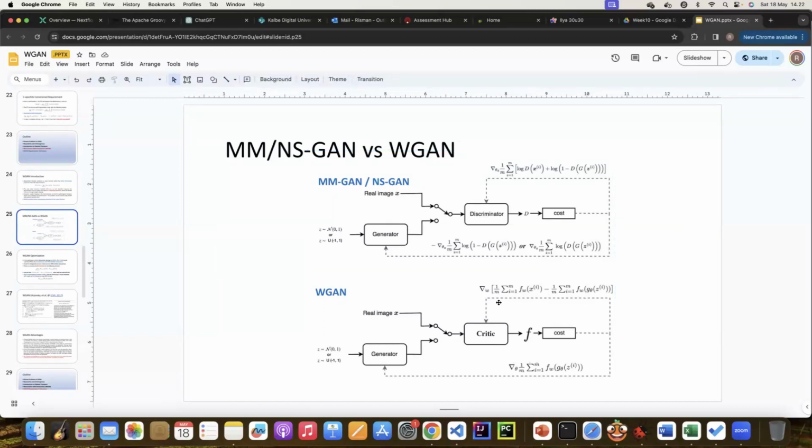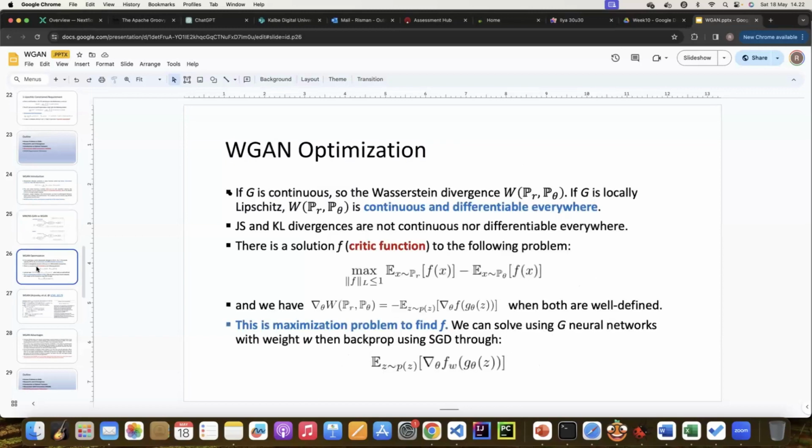As you can see, assuming f is the critic function or discriminator, we just sum all of the outputs of the discriminator from the real data and from the fake data. It's a very simple computation, so in terms of computation it should be faster than NS-GAN.